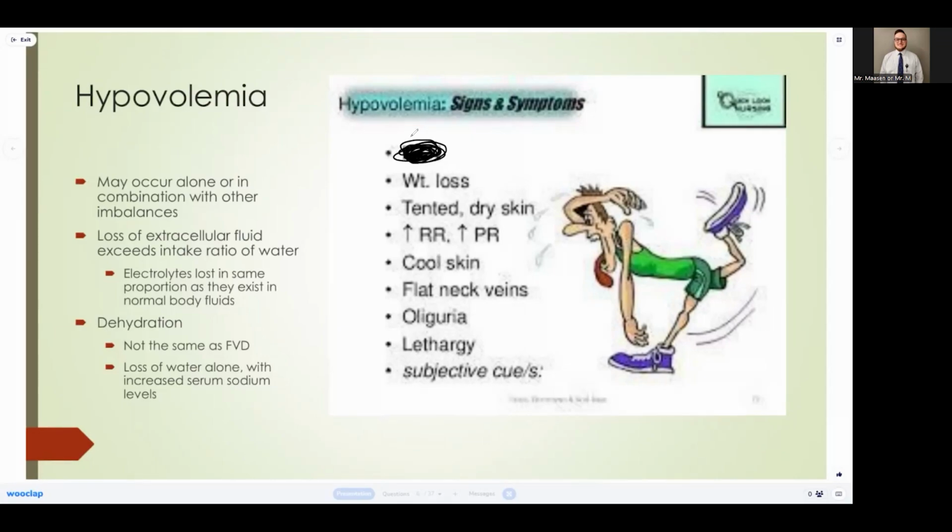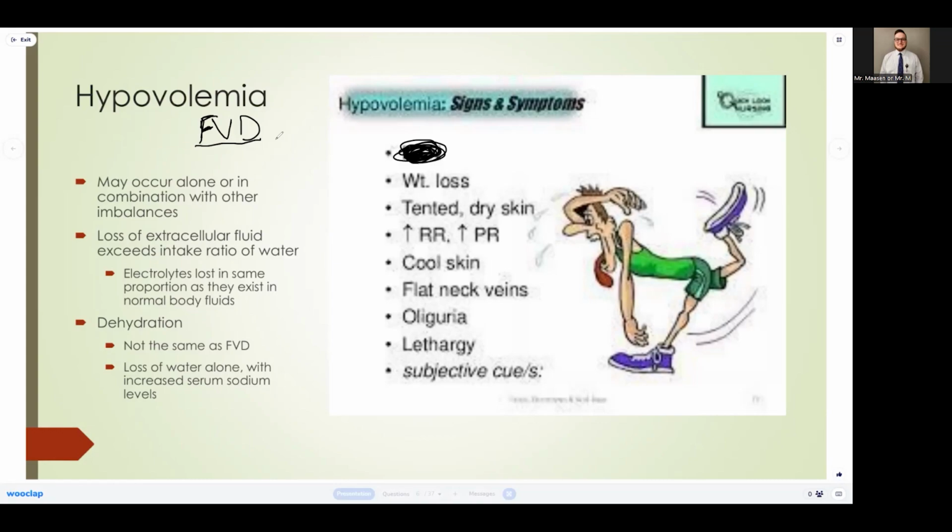But overall, hypovolemia, or fluid volume deficit, FVD, is another term for hypovolemia.